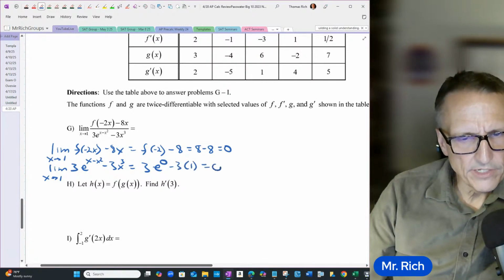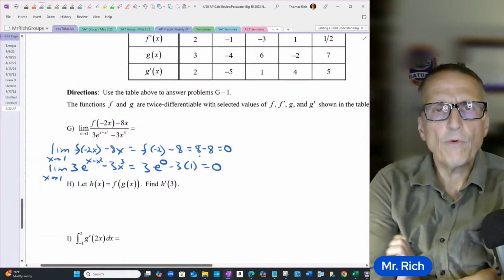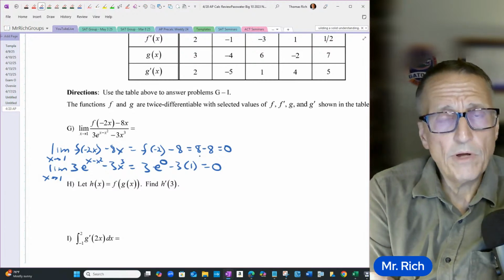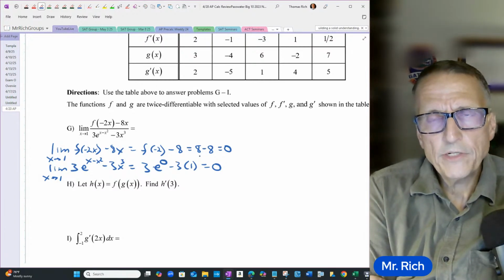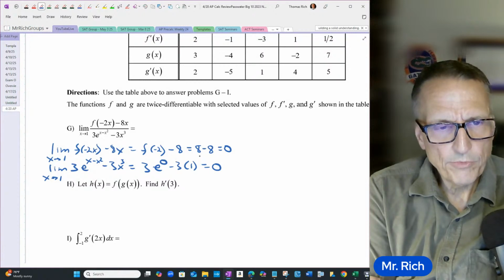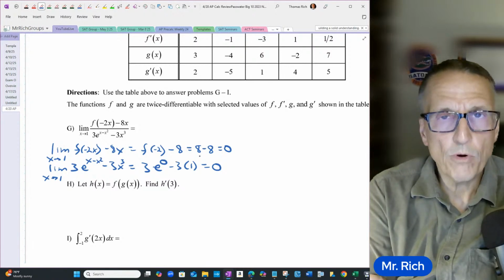That's a 0. So really what you get through direct substitution is 0 over 0. As you learned in Unit 1, that is what we call the indeterminate form of the limit. In other words, we really don't know what the limit is at this point. 0 over 0 means we just don't know yet. We have more work to do.